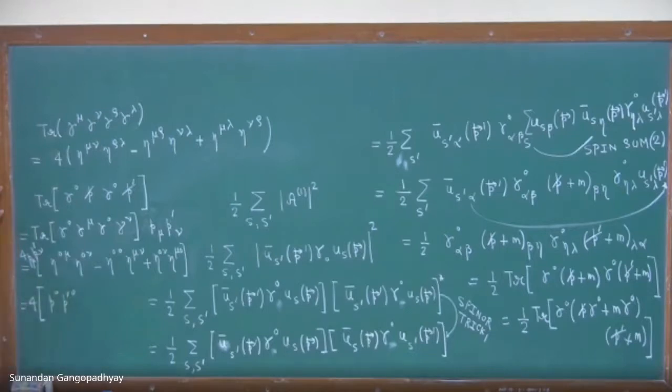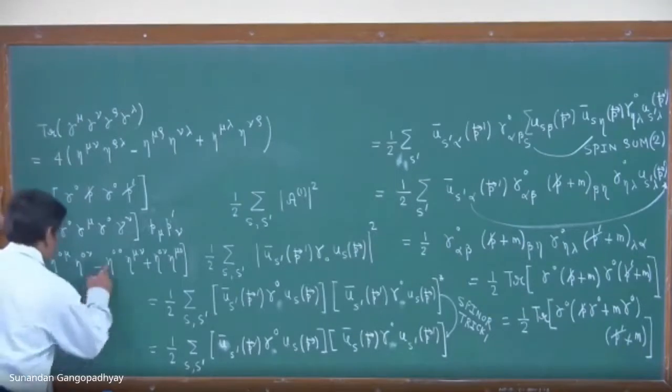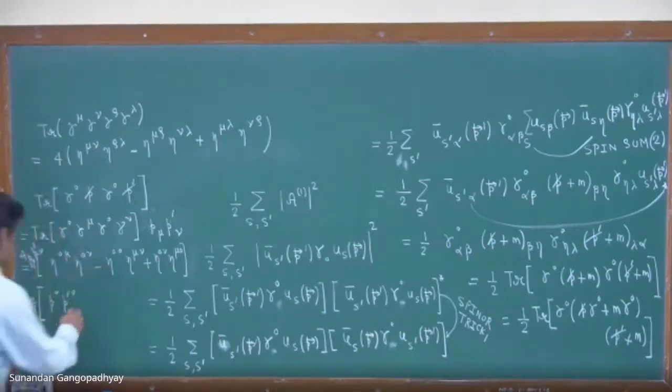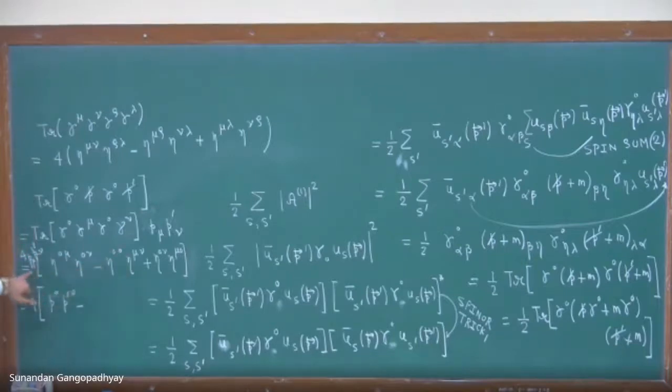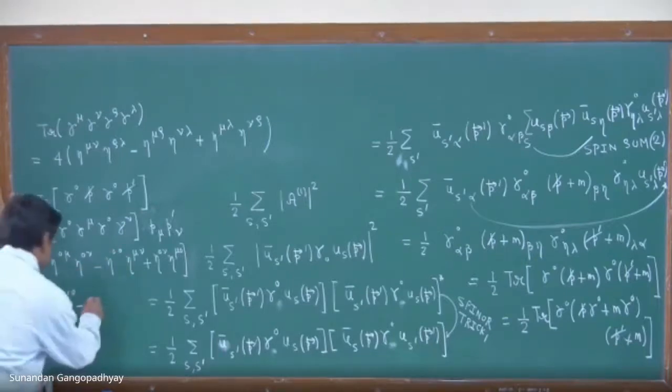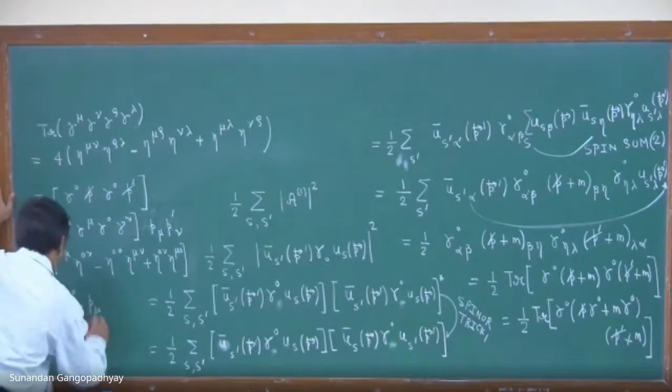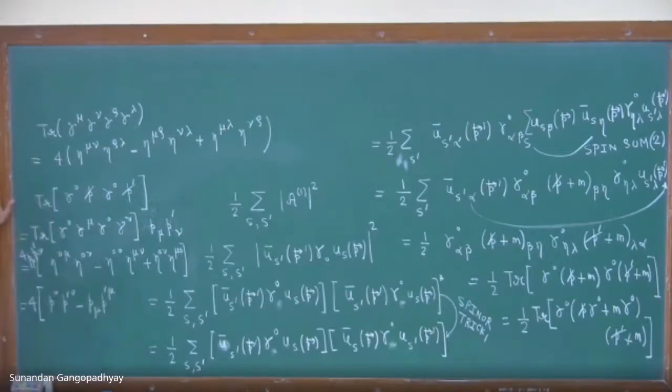This is the first term. And this eta 0 0 is 1. So we have minus eta mu nu contraction with p mu p prime nu. So this is basically p dot p prime, the second term.